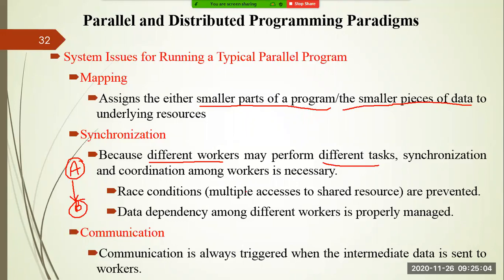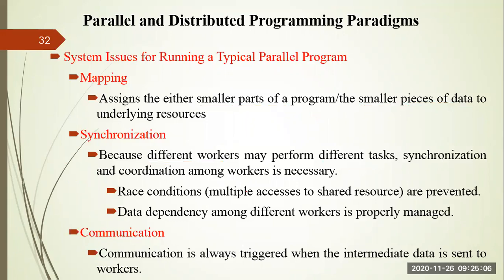The next one is communication. Communication is always triggered when intermediate data is sent to the worker. The master node is going to give work to the worker node, or a worker node is giving work to another worker node. So we are transferring data from one unit to another unit.